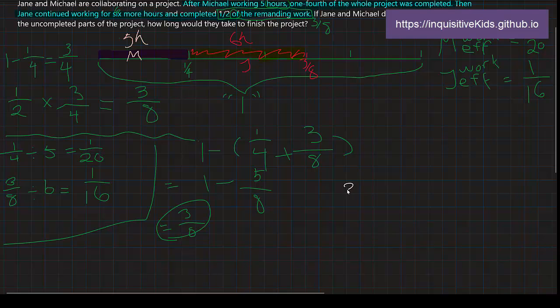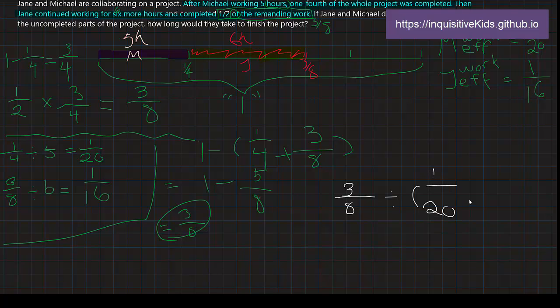So 3/8 divided by the sum of 1/20 plus 1/16, simplify, and then you would get 10 over 3. So 10 over 3, or we could even write it as 3 and 1/3.